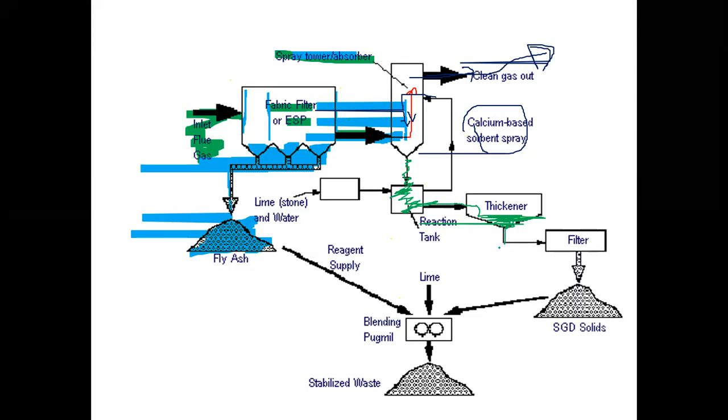Then we can drain it out and it has to go through a filter. Then we can get calcium sulfate or gypsum. So there are two byproducts, fly ash and gypsum.